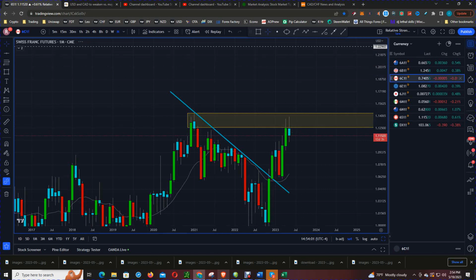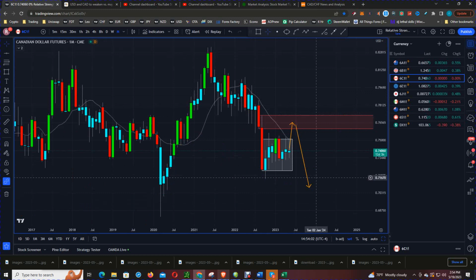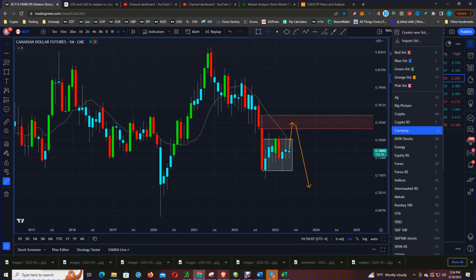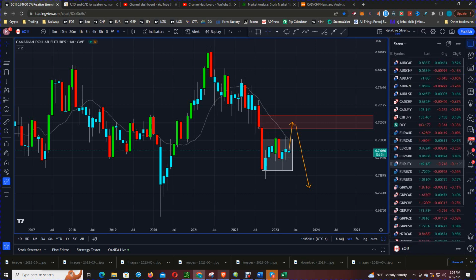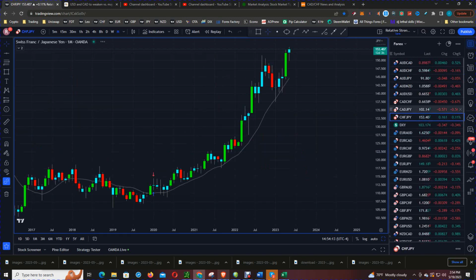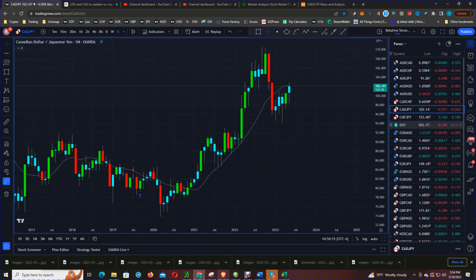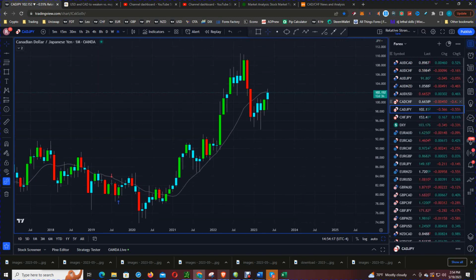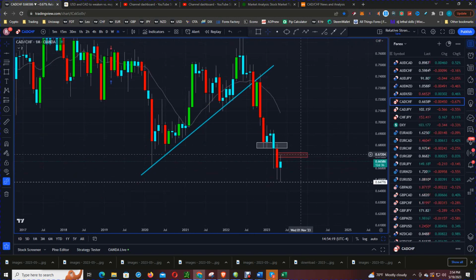And if the Canadian dollar is going to move lower, that means it's going to get weaker. Then the CAD Swiss franc pair should make lower lows.